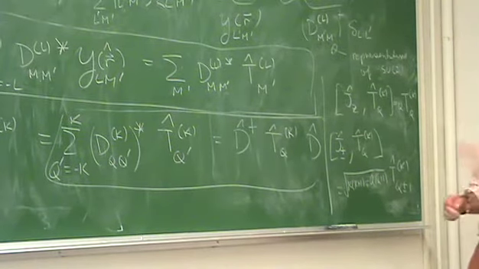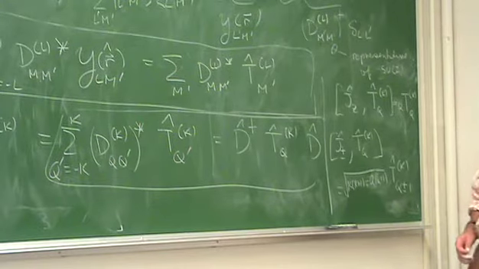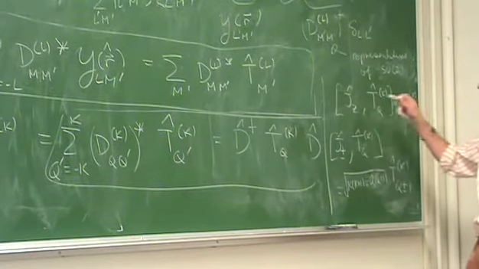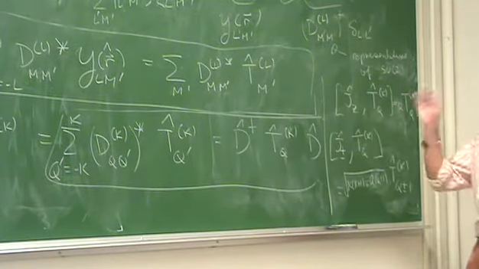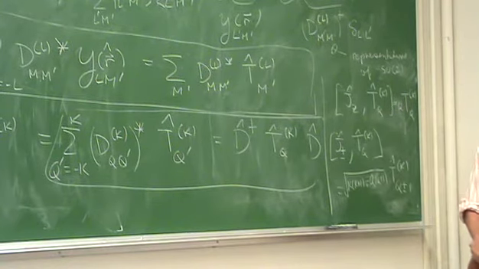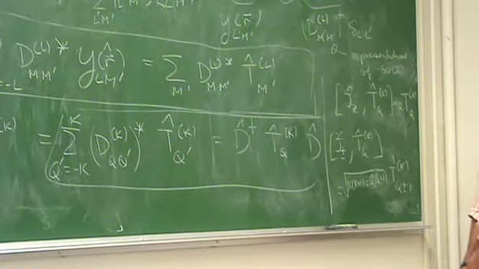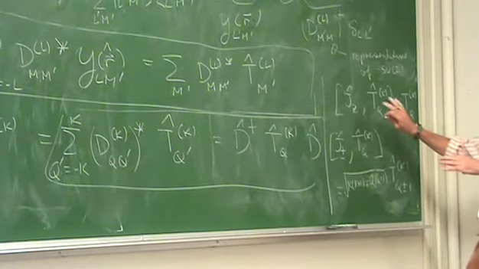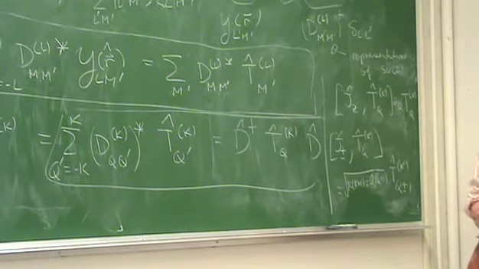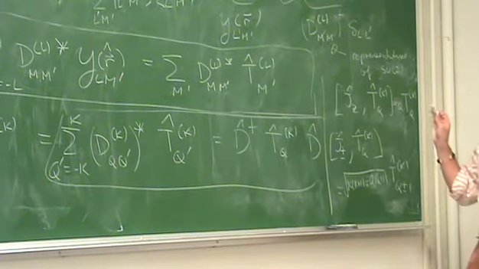If D is the rotation matrix generated by the angular momentum J, then the angular momentum operators have defined commutation relations with the components of the tensor. The Z component brings it back to itself times Q. So if Q is 0, they commute.